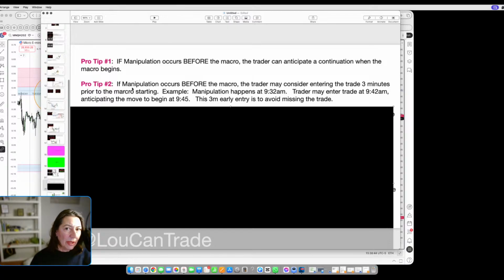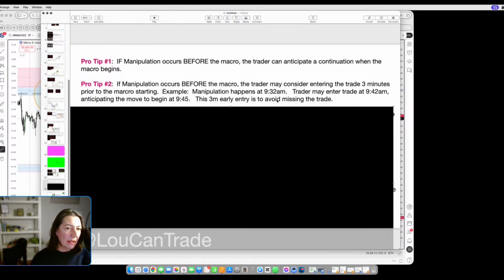Pro tip number 2, if manipulation occurs before the macro, the trader may consider entering the trade 3 minutes prior to the macro starting. So for example, if manipulation happens at 9:32 a.m., the trader may enter the trade at 9:42 a.m., anticipating the move to begin at 9:45. This 3-minute early entry is to avoid missing the trade.